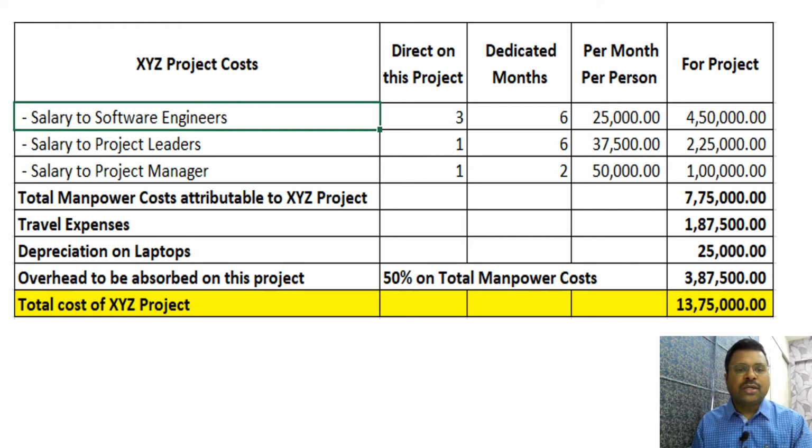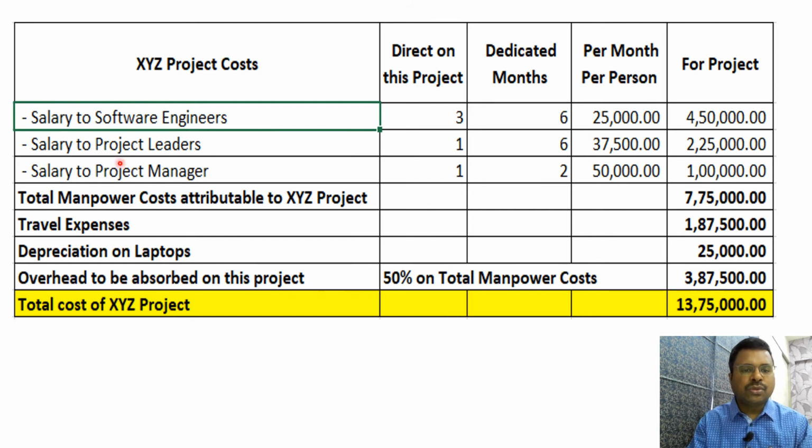And salary to project leaders. Though 2 project leaders are there, for this particular project only 1 project leader has worked for the entire 6 months. So we are calculating 1 into 6 into 37,500, it is 2,25,000.